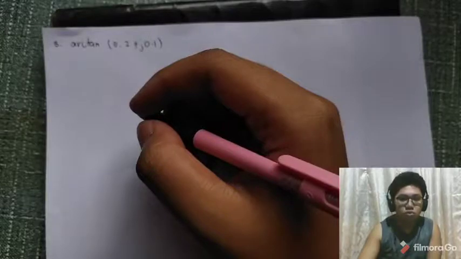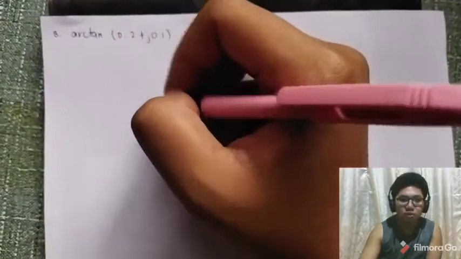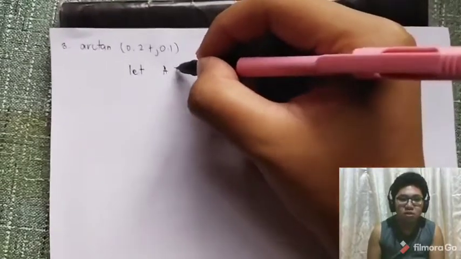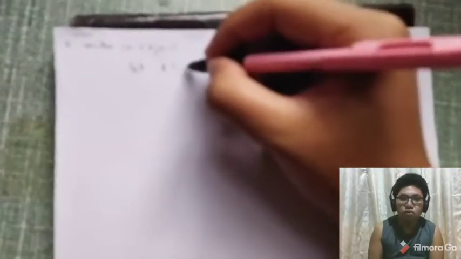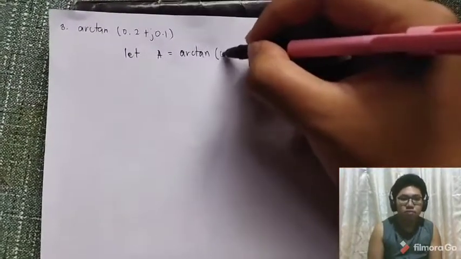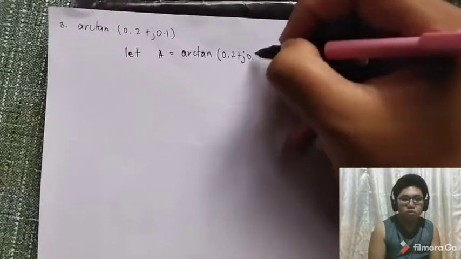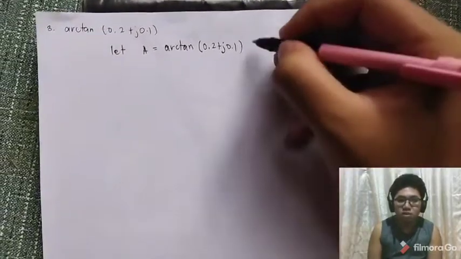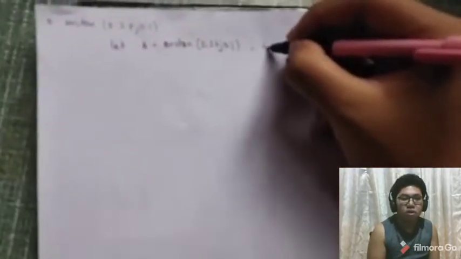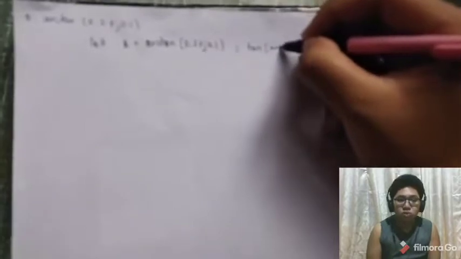So let's go to the arctan of 0.2 plus j 0.1. First, we let the arctan of 0.2 plus j 0.1 equal a, and we will get the tangent of both sides, and the tangent of the arctan of x is equal to x.